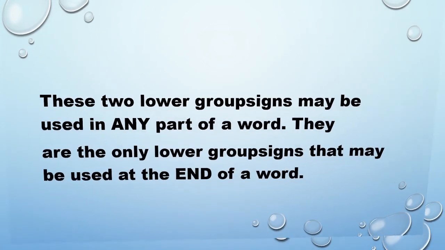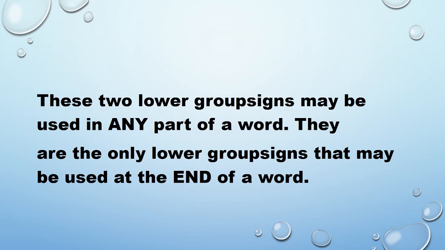Next, let's go to some of the rules and guidelines in using these two lower group signs. Basically, as the title of this video says, these two lower group signs may be used in any part of a word. They are the only group signs that can be used at the end of the word.